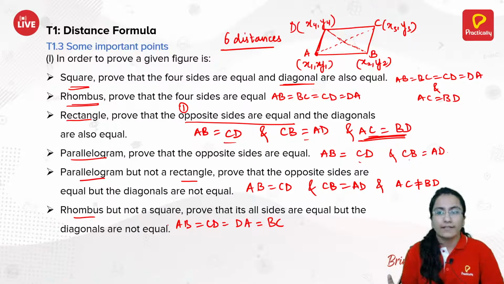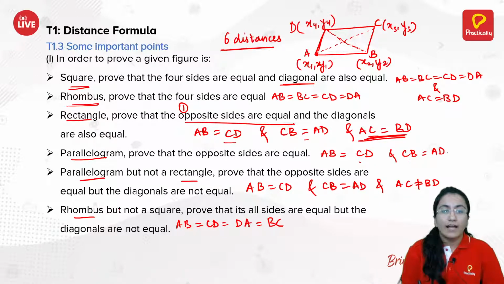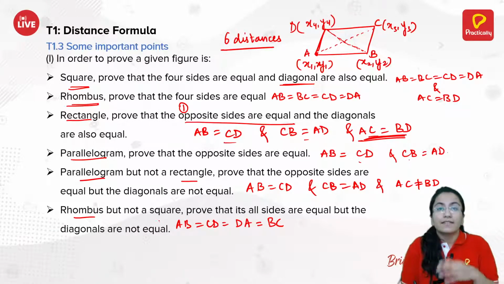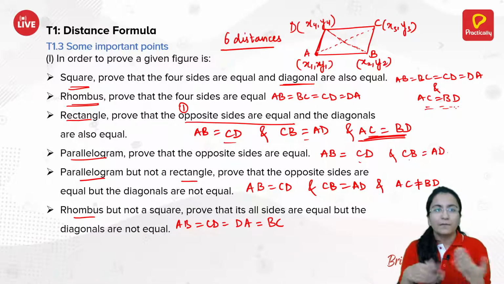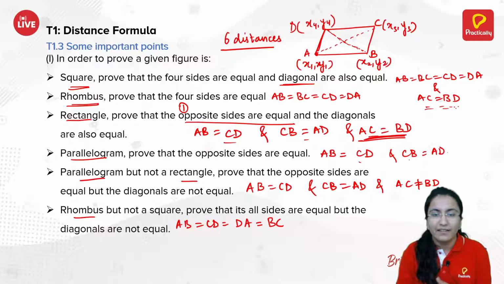All these four sides are equal. But to prove that it is not a square, this condition must not be satisfied, that diagonals are equal, because if diagonals are equal, definitely it will be a square, right? So it must satisfy that diagonals are not equal.